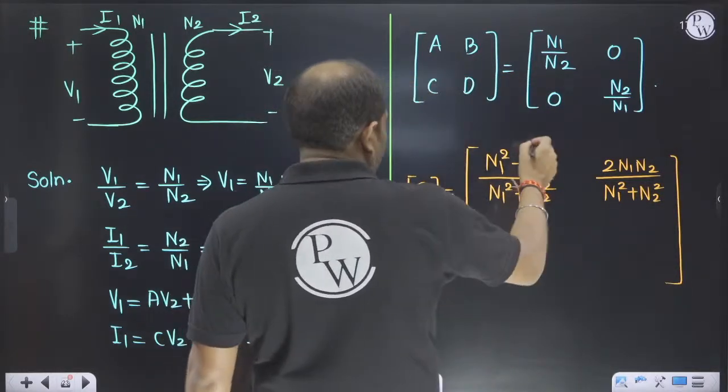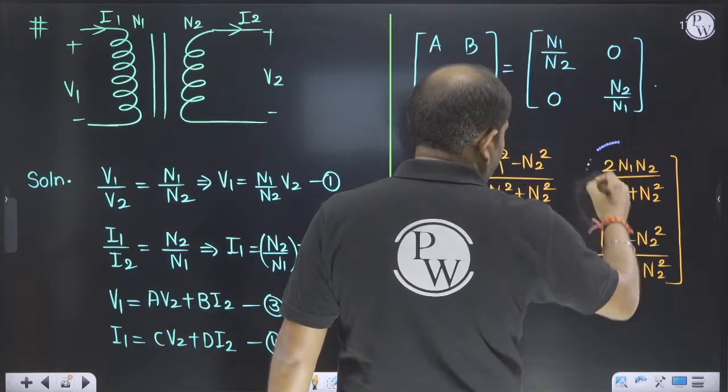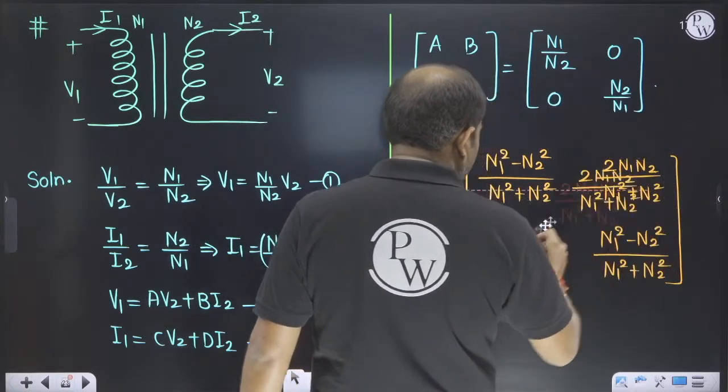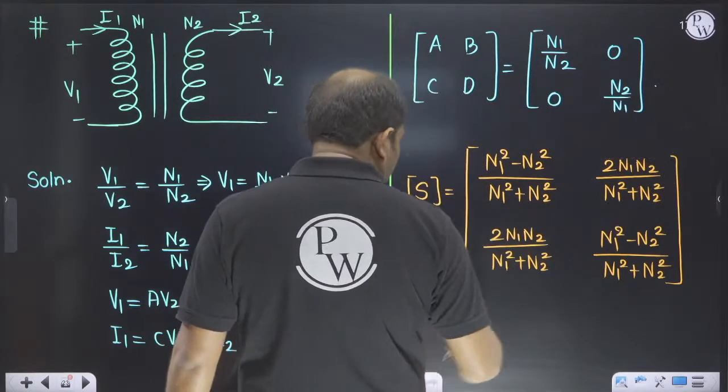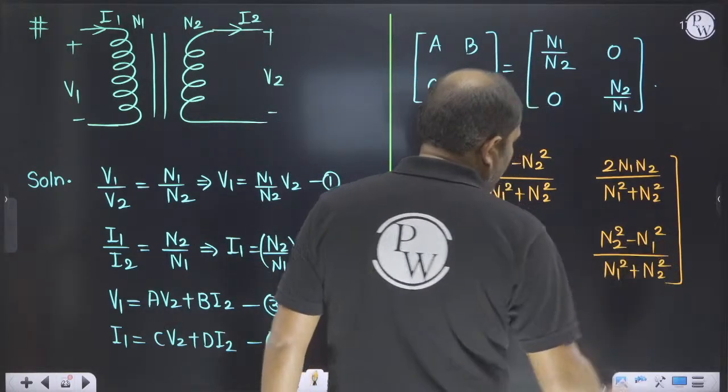Then what will you do? Nothing. This one is S22, this one is S12, and S22 will be changed by a minus sign.